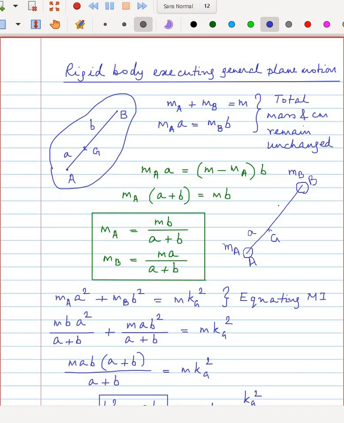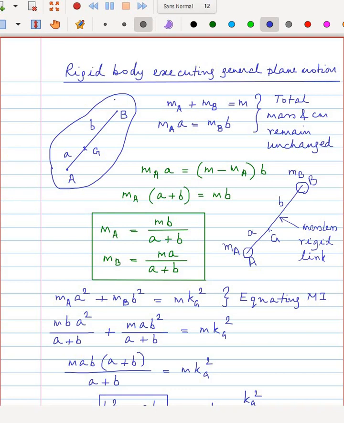This is A and this is B, and this is a massless rigid link. So the problem is like this.